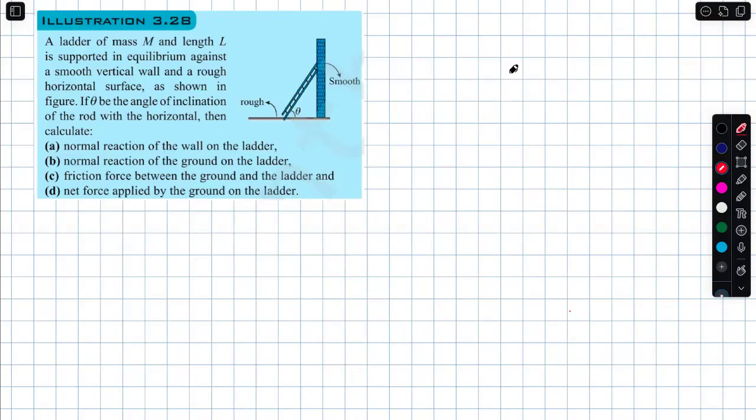Now let us take the situation like this: smooth wall and rough floor, rough floor and smooth wall.